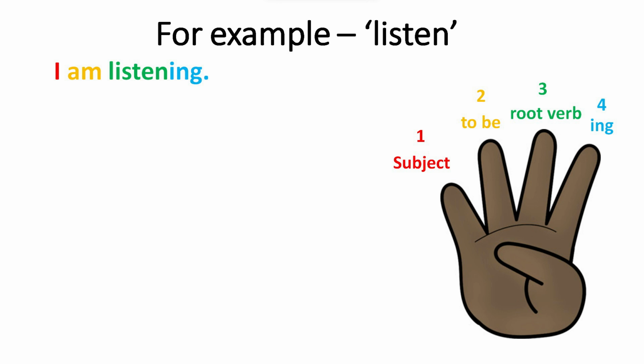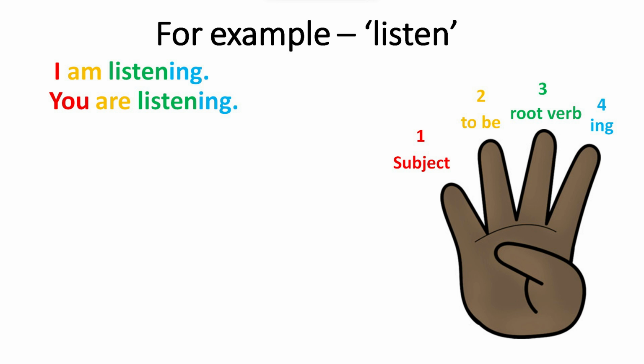1, 2, 3, 4. If the subject is you, we would say, you are listening. You is the subject, are is the verb to be, listen is the root verb, and then we add ing. 1, 2, 3, 4.